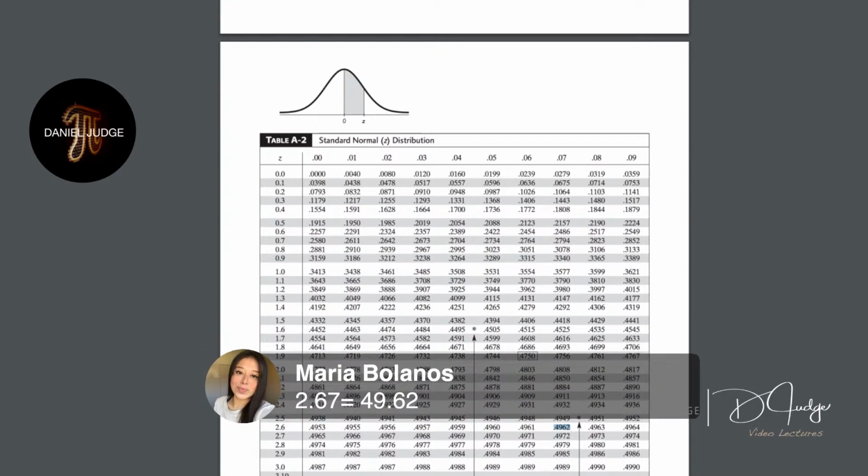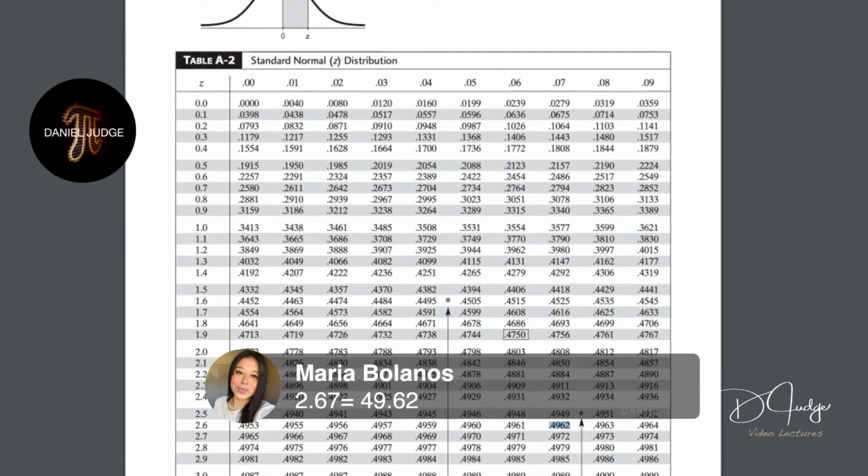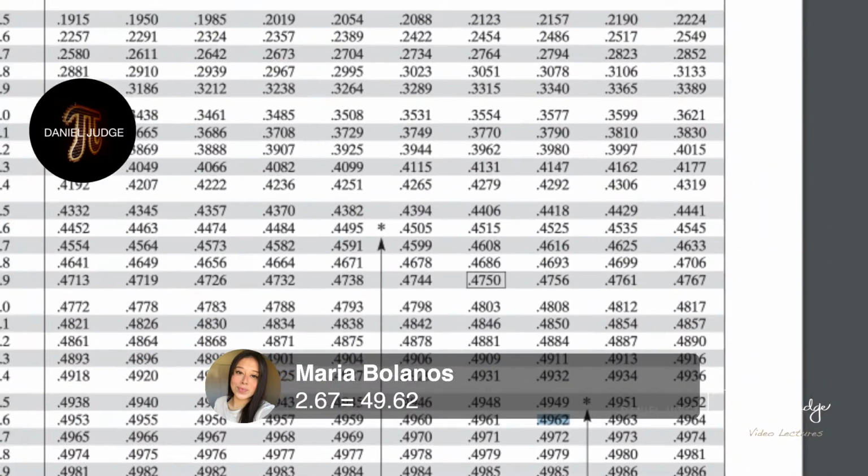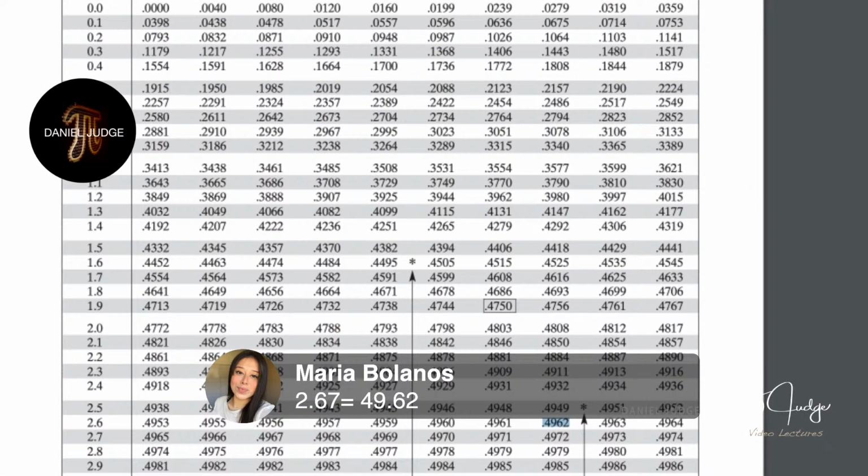Let's put this closer, this is a 2.6 row, 0.07 column. Yeah, 4962. So see if you guys can see that a bit better. 4962. All right. Thank you, Maria. 4962.